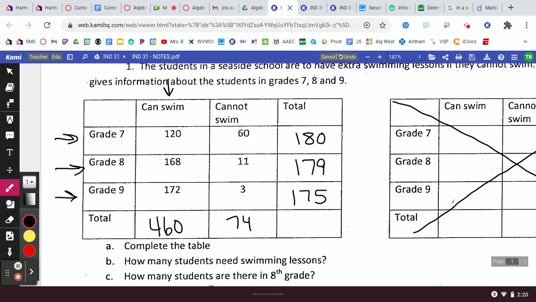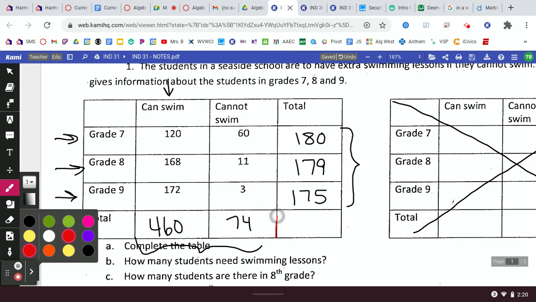All right. And then what should happen, and I don't want you guys to get lazy because this will help you catch errors every so often, is you should add up this side and you should add up this side, and both should give you the total that goes here. Okay, so your total on one side, your total on the other, you should get the same numbers.